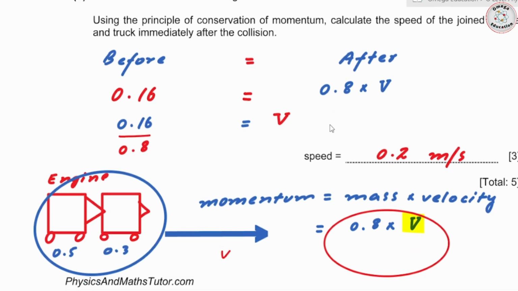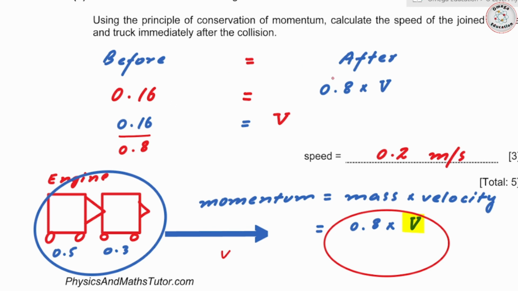Sometimes they'll give you the value of speed here and they'll ask you for one of the masses. So you'll have to just write down the expression for initial momentum and the expression for the final momentum. Either initial or final, one of the values would be obtained mathematically. Like in this one, we obtained the momentum before collision as a numeric value.